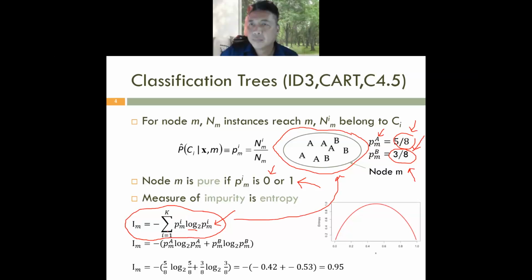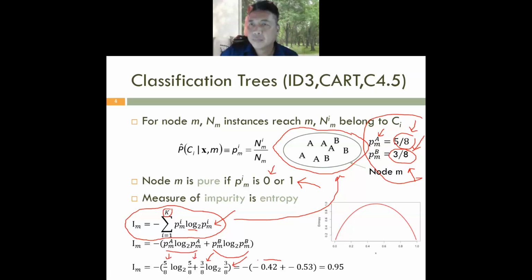The formula looks at class i up to K. But in this example, we have classes A and B, so that means we have two parts: one is class A, the other is class B. So we just plug in the probability of A, which is 5/8, and then we also add the other class, which is 3 over 8.